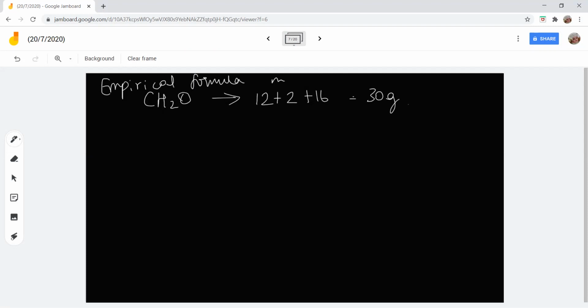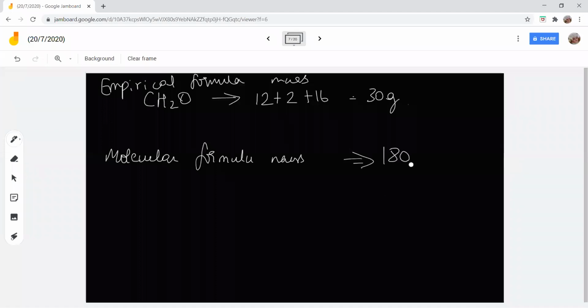Suppose I am telling you the molecular formula mass is 180 grams. What does this mean? One mole of the compound weighs this much. Am I right or not? So I can find N, that is 180 by 30, which is equal to 6.